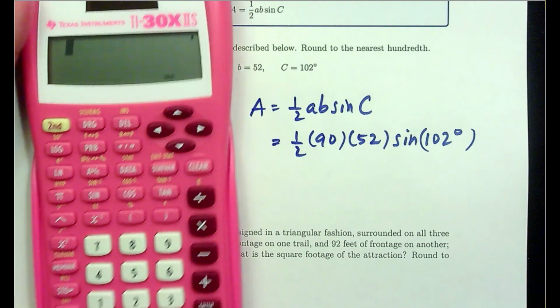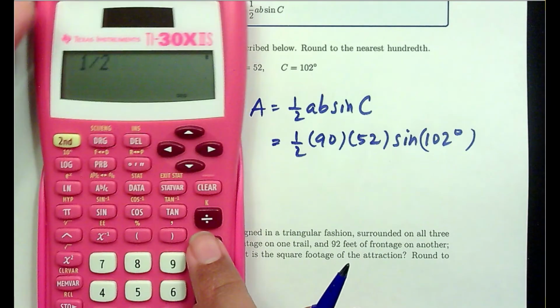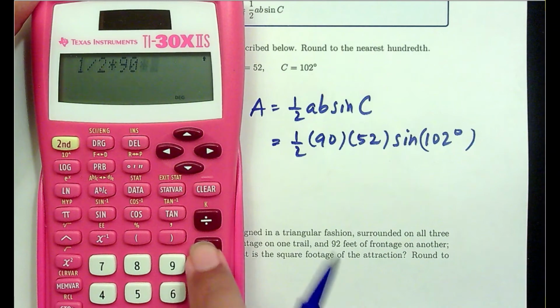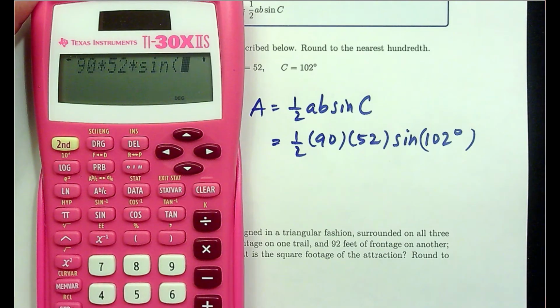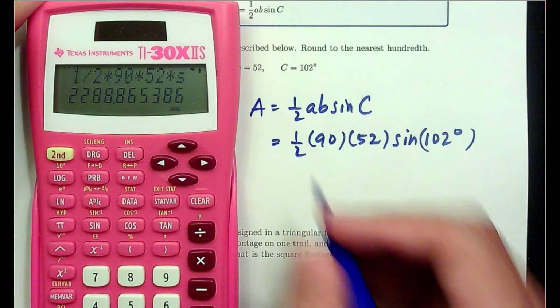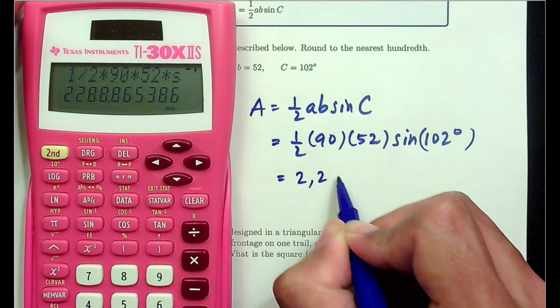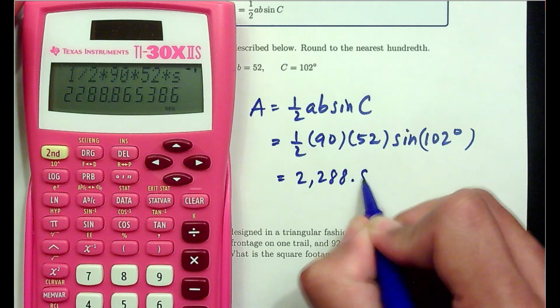So this would be 1/2 times 90 times 52 times the sine of 102 degrees, and we get that this is 2,288.87.